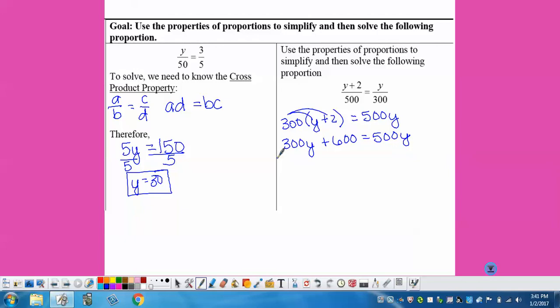Then we need to get all the Y's on one side, so I'm going to subtract 300Y. That leaves me at 600 equals 200Y. Divide both sides by 200, and I get that Y equals 3.